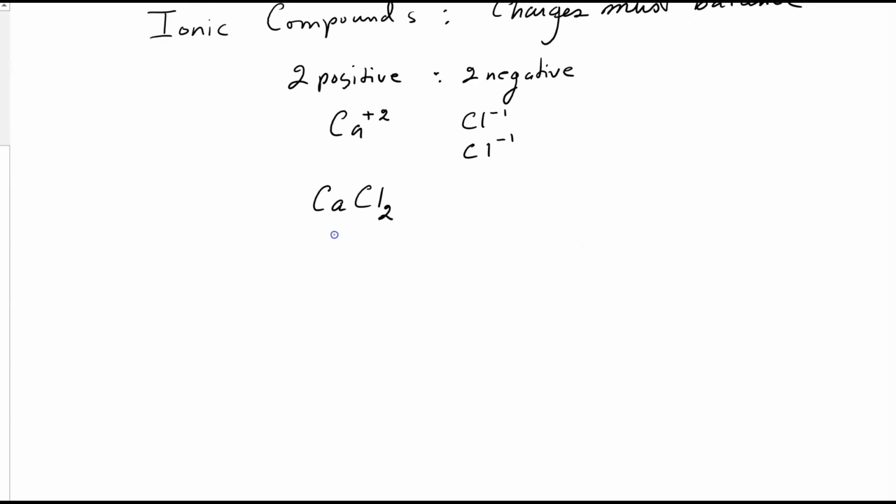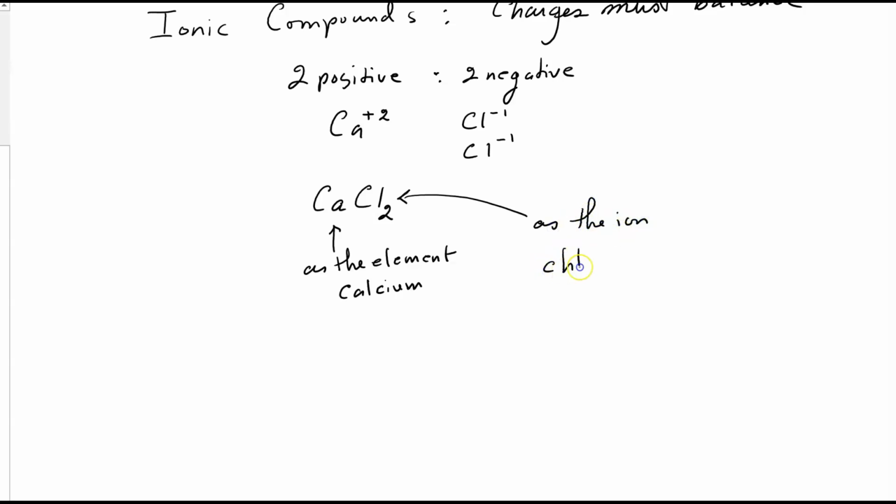We would say the first part is named as the element, and in this case, this is simply calcium. And the second part would be named as the ion. So in this case, it would be chloride.